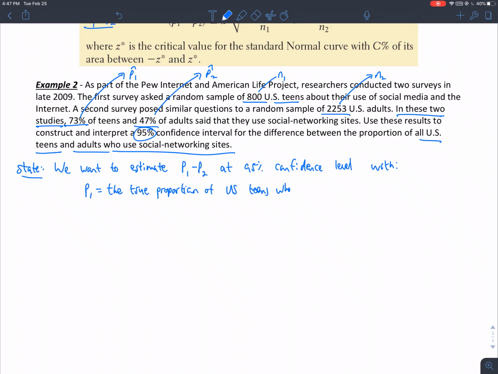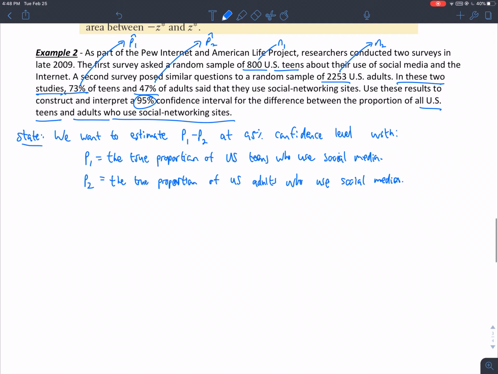Said would be the sample, who use social media in reality, okay? Not who said. Said is the sample. And then here we would have P2, which would be the true proportion of US adults who use social media.